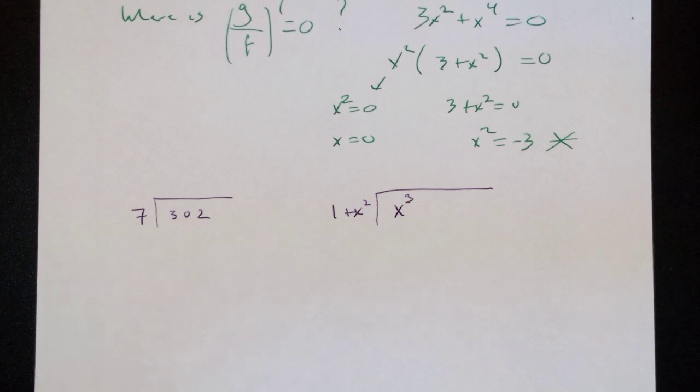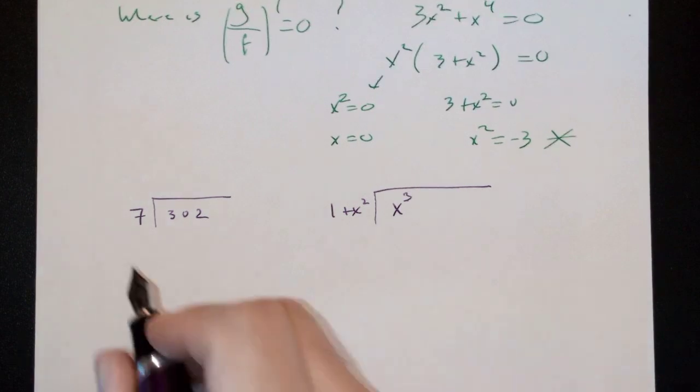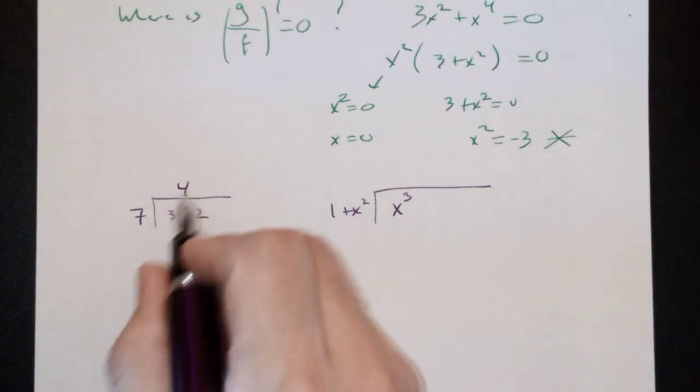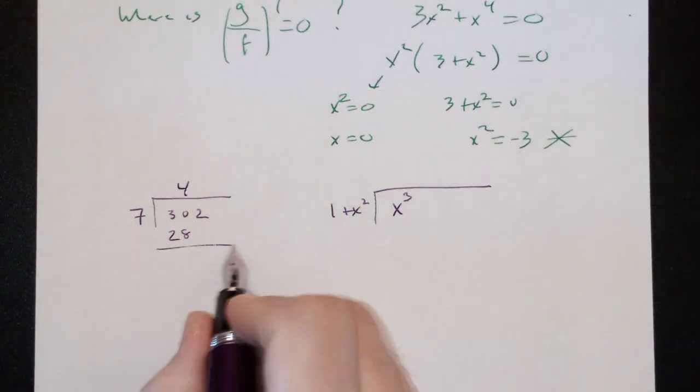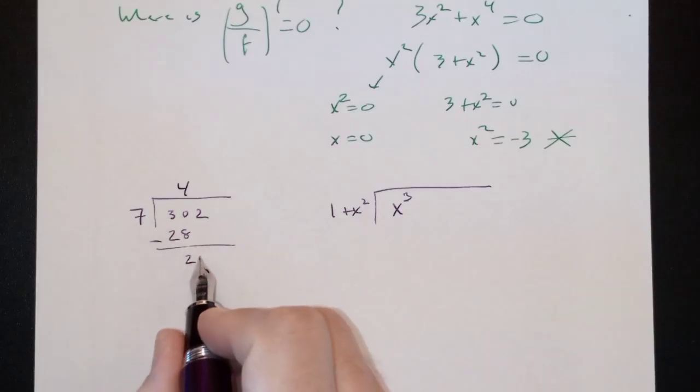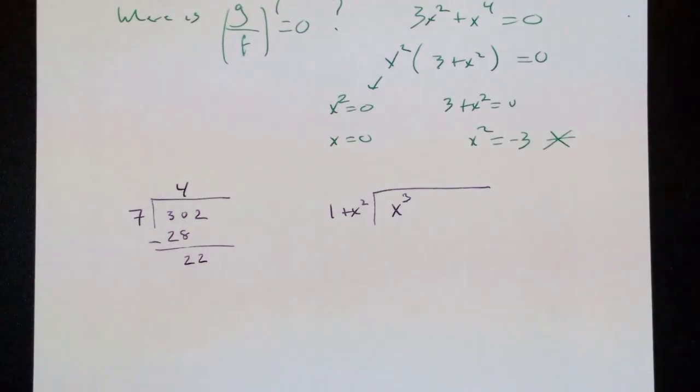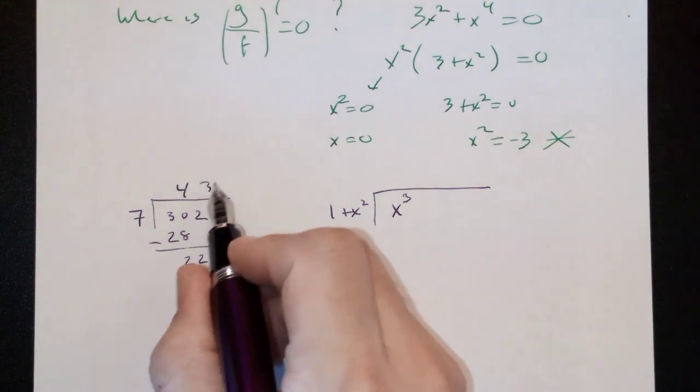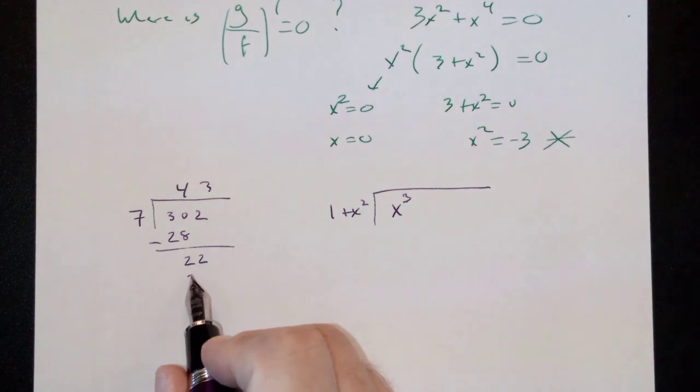How many times does 7 go into 3? It doesn't. So go to 30. How many times does 7 go into 30? 4. 4 times 7 is 28. I subtract. Bring down the next term. How many times does 7 go into 22? 3 times 7 is 21.